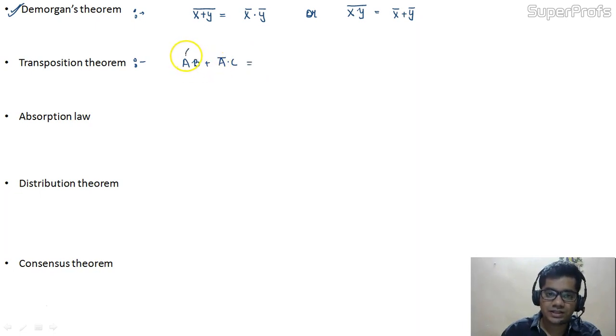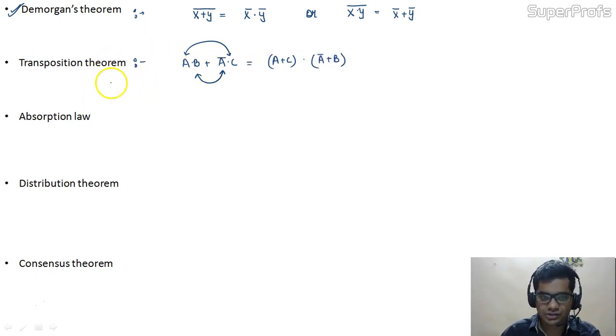So we can associate these two and these two. So how are we going to write? A dot B plus A bar dot C would be equal to (A plus C) dot (A bar plus B). Okay, this is our transposition theorem.